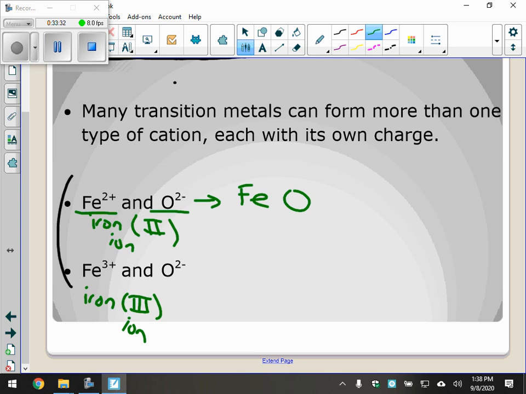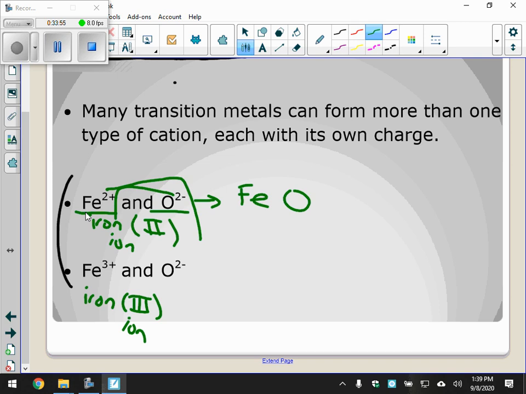This loses 2, this gains 2. I only need 1 and 1, yes? This one loses 2, this takes in 2. So 2 plus can come over 2 minus, but we're going to swap, drop, and reduce, right? So instead of 2 and 2, we'd use 1 and 1 with the charges, right?